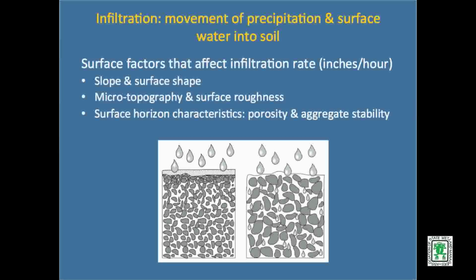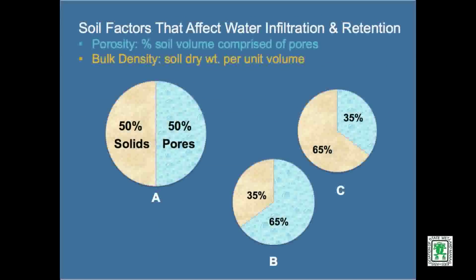Any surface features that will slow down the water and hold the water are going to promote infiltration. Also, surface horizon characteristics that will promote absorption of this water will increase infiltration rate. Now, two of the soil factors that affect water infiltration and retention are porosity and bulk density. Soil pores are voids between soil solids that are filled with either air or water.